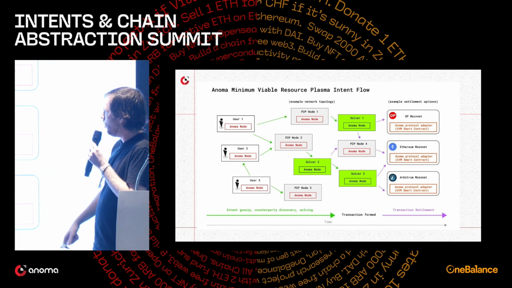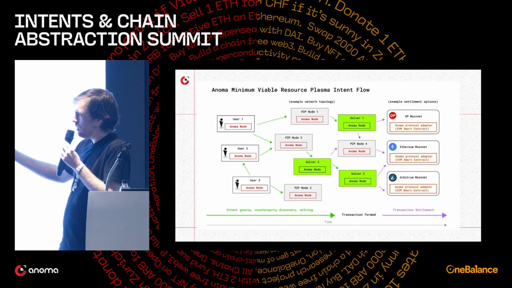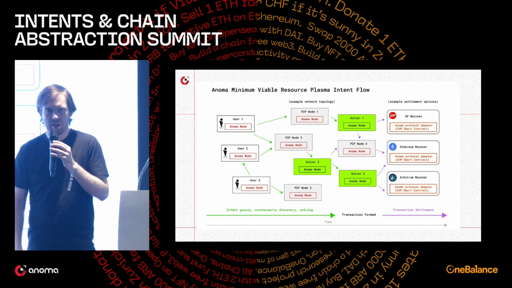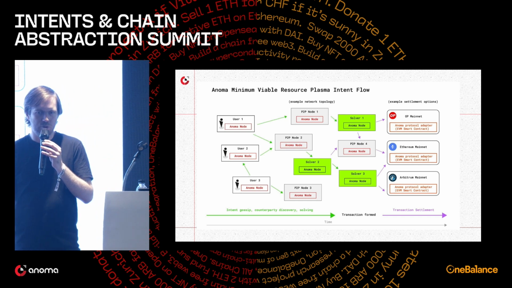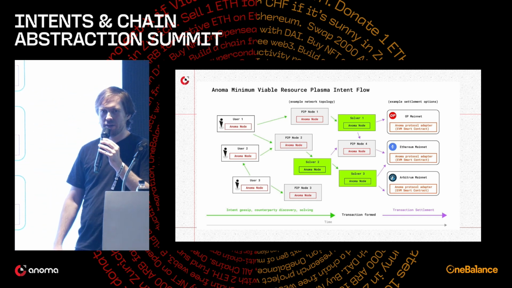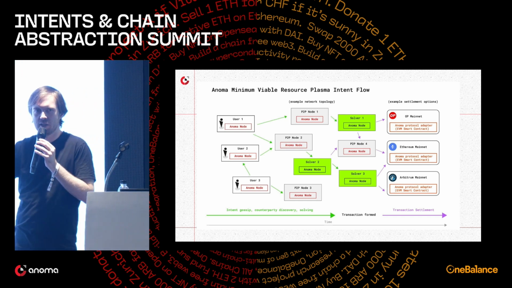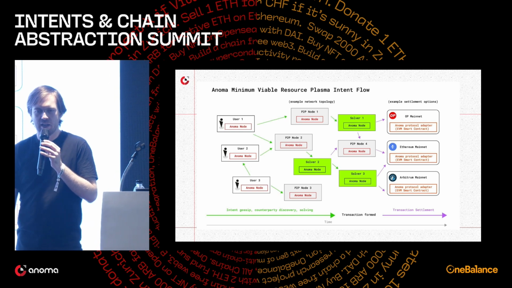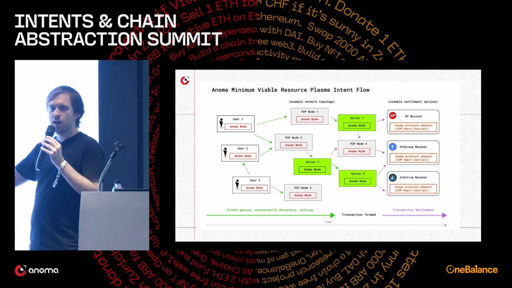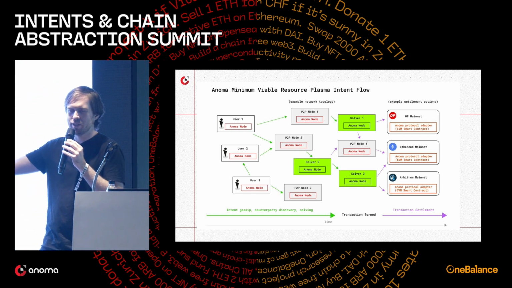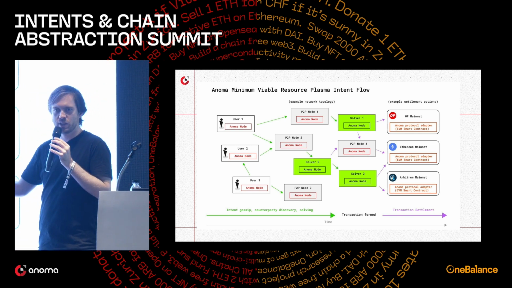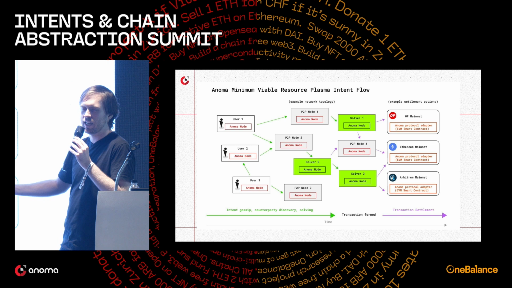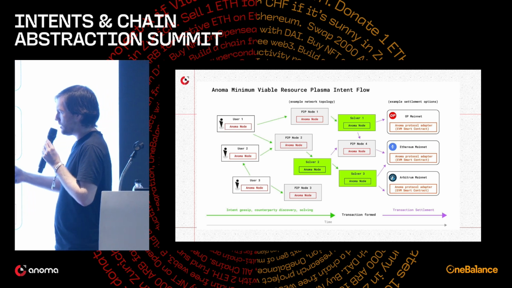So what you can do here with minimum viable resource plasma and Anoma is deploy a particular kind of smart contract that we call a protocol adapter. A protocol adapter, in the case of EVM chains, is an EVM contract that can process Anoma transactions and verify Anoma state changes that happen elsewhere. So anywhere a protocol adapter is deployed, it becomes possible to settle Anoma intents.